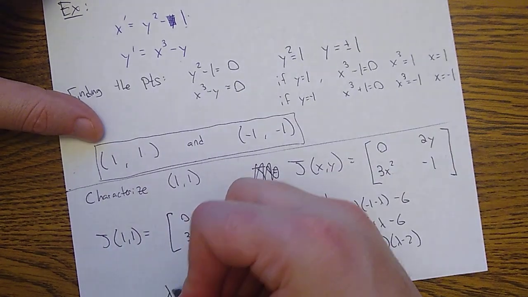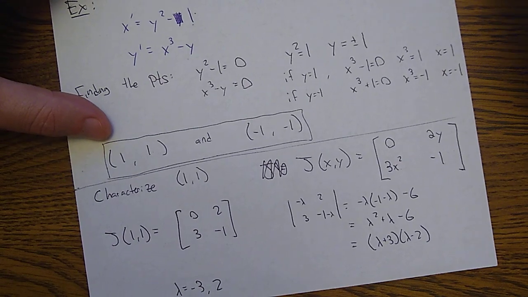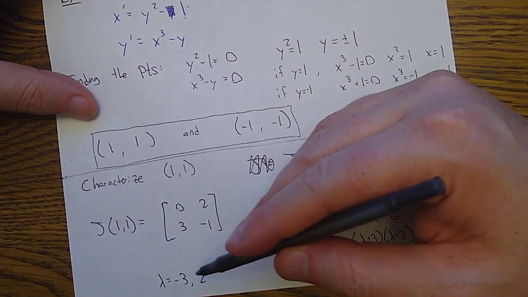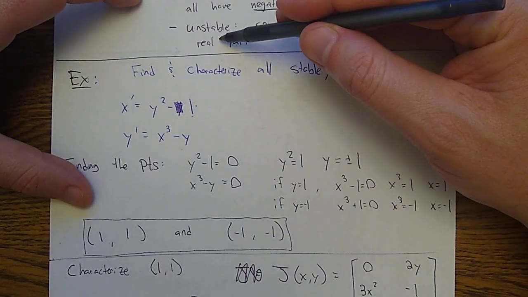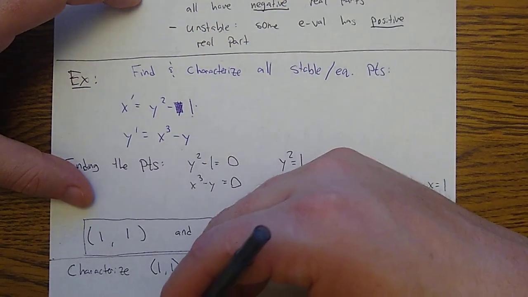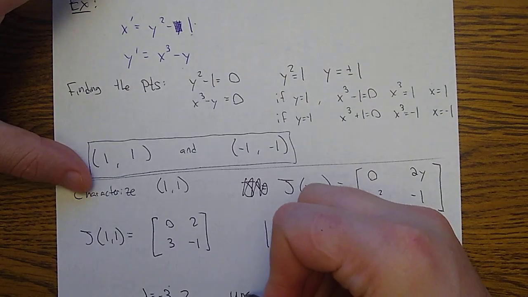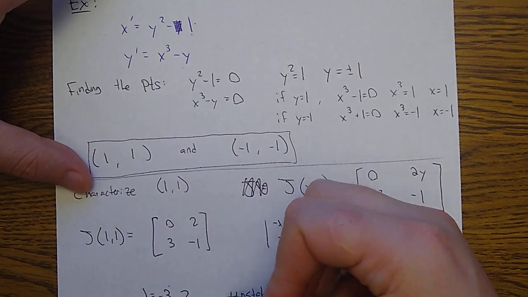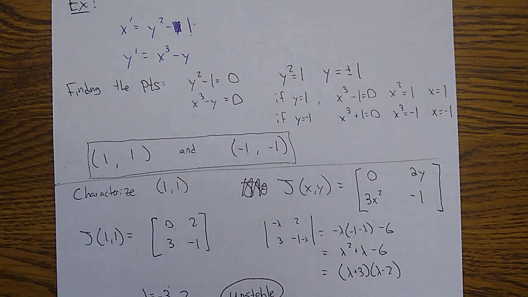So I get lambda equals negative 3 and positive 2. And they were both real. One of them was negative, but the other was positive. So I would say unstable. If they were both negative, then I would say stable. Okay?